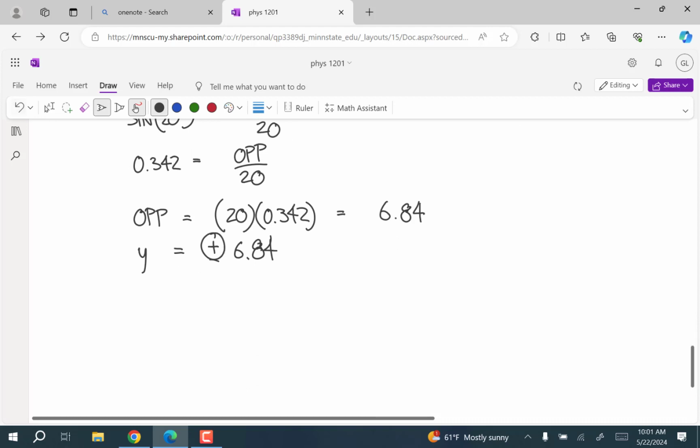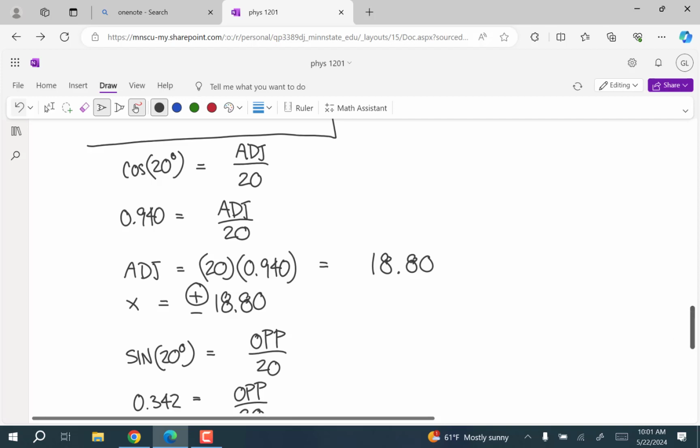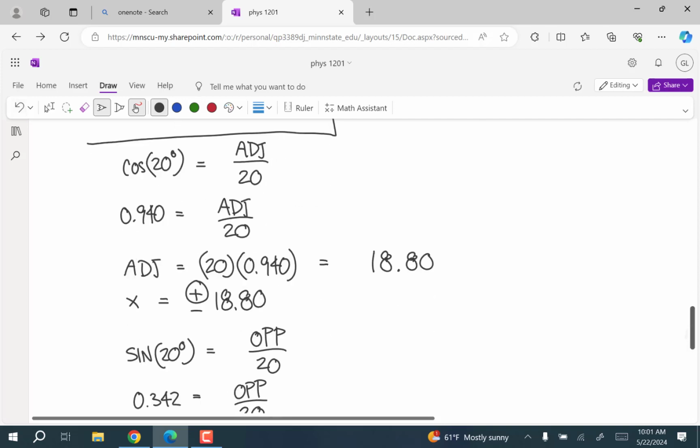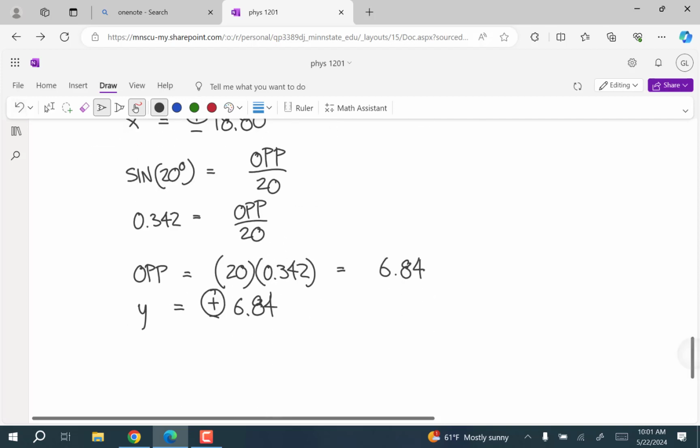And if you put this together, what you get is the coordinates of P are 18.80 for x, positive, and positive 6.84 for y. And so those are the coordinates.